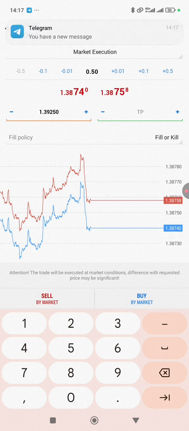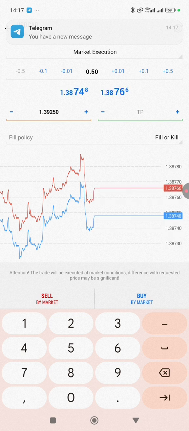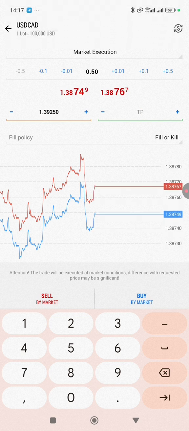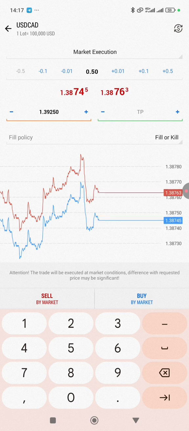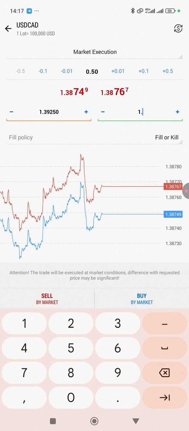Then your take profit should be below the current price. The signal is going to give you that specification. So I'm just doing a little example here. Let's say your take profit will now be 1.3725, for instance.